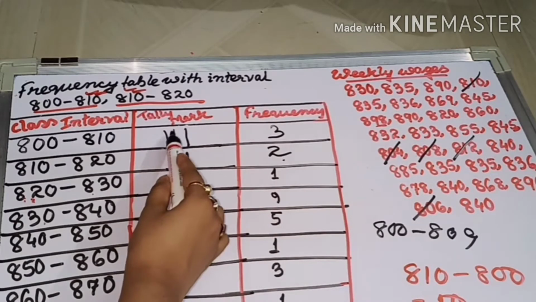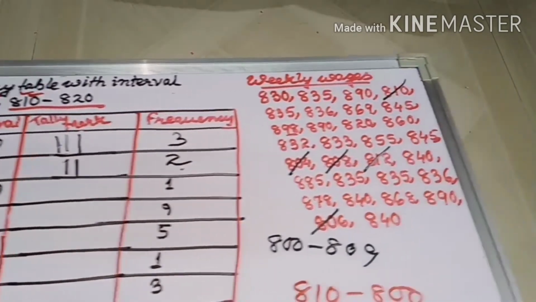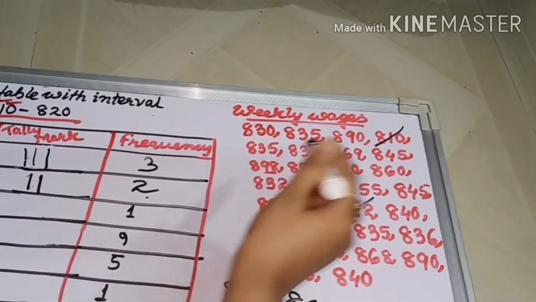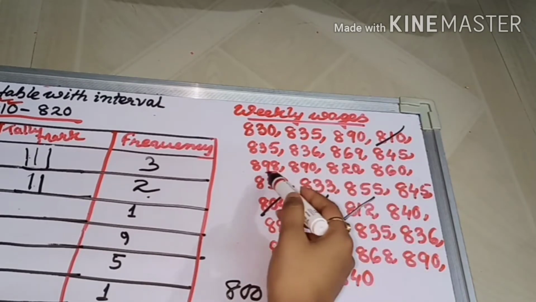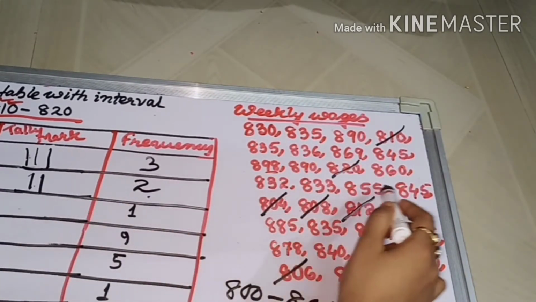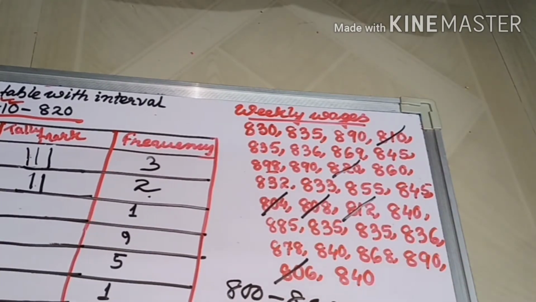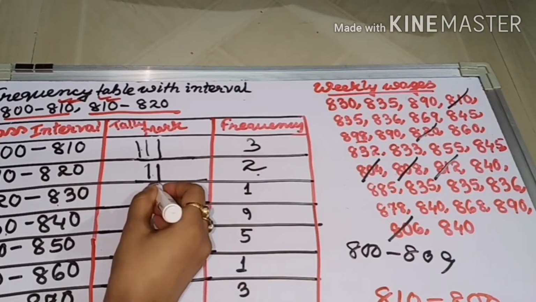Here 3 numbers, 3 sticks, so the frequency is 3. Next is 820 to 830, that means up to 829 we have to see, so it will be 821. We have got 820, then second is only 1, so it will be 1 stick.